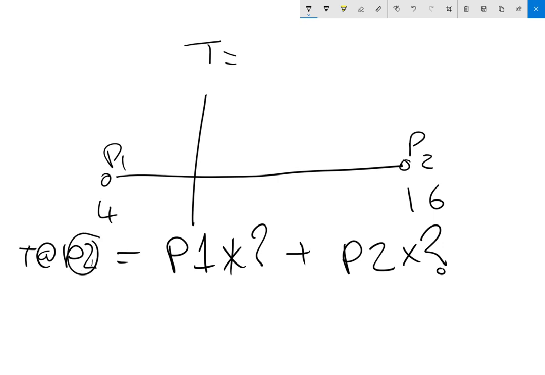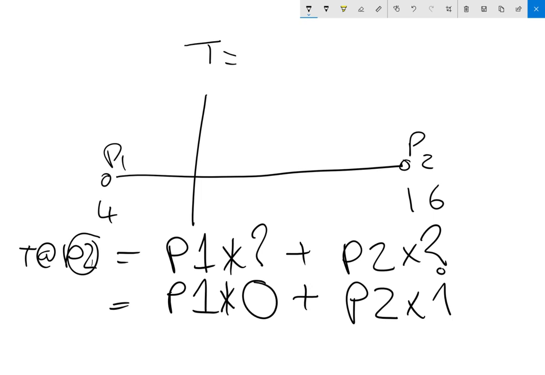So it should equal P1 times 0, because we don't want any of the P1 value, plus P2 times 1. And let's try that out. P1 is 4 times 0, which is 0, and P2 is 16 times 1, which is 16. So t at P2 is 16.